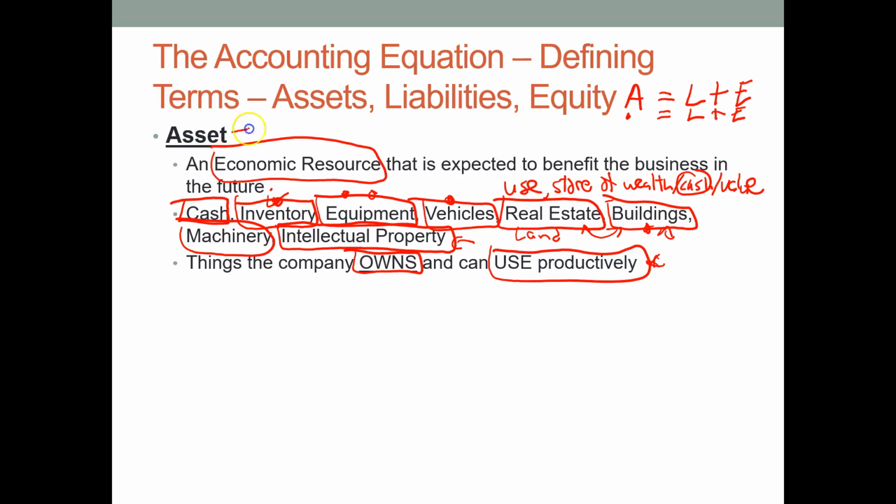Now, you also have to be careful when you're determining the difference between an asset and an expense. For example, if you're paying for research and development, you could argue that it's something you're spending money on now, and it's going to have a future benefit because you're hoping to benefit from that research in the future by creating a new invention or whatever.